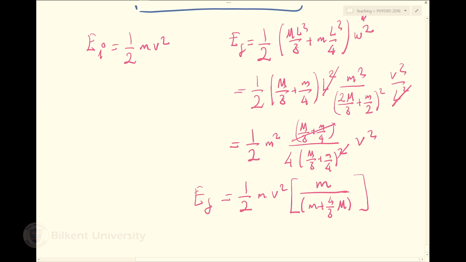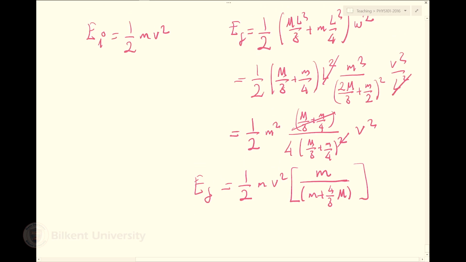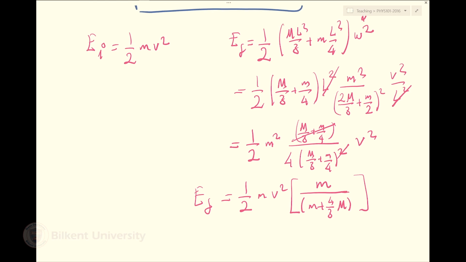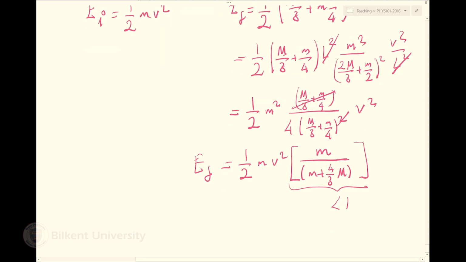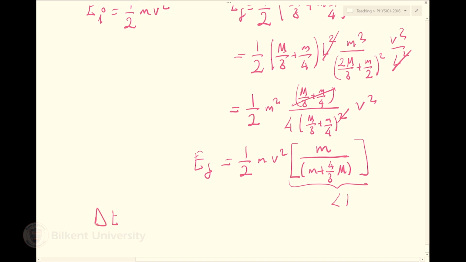Which one is larger, initial energy or final energy? Initial energy is 1/2 mv squared. Final energy is 1/2 mv squared times a factor which is less than 1, right? Small m divided by small m plus a positive quantity. So that's good. Delta energy is E initial minus E final.